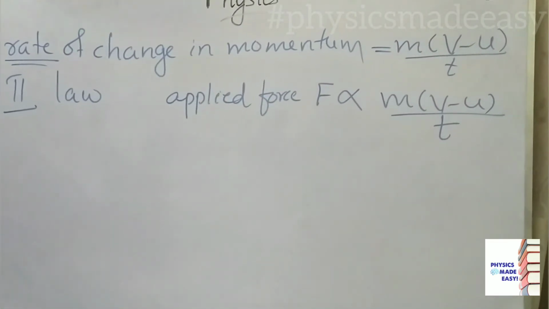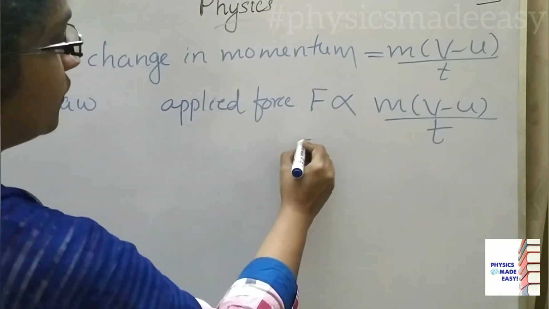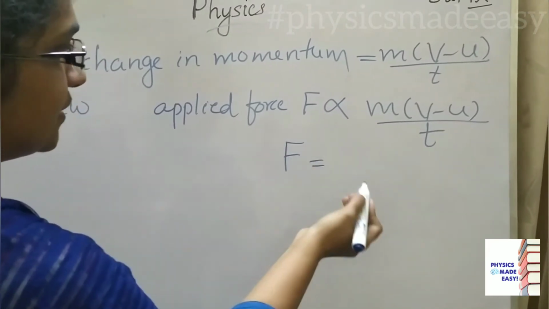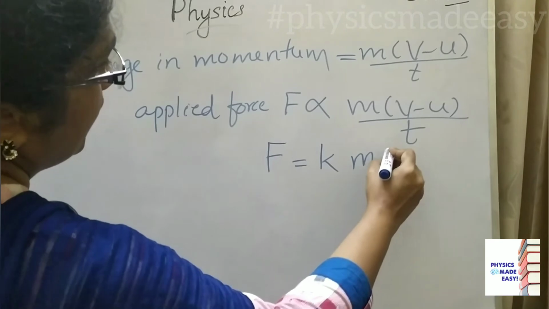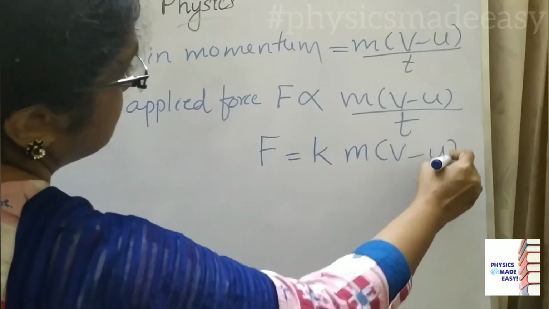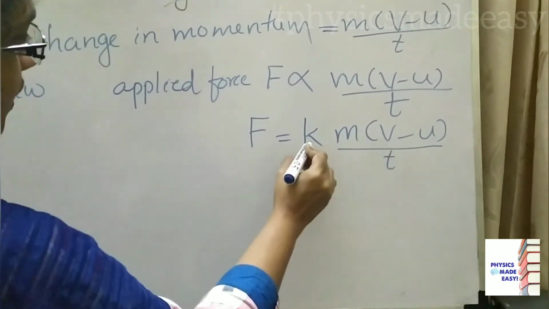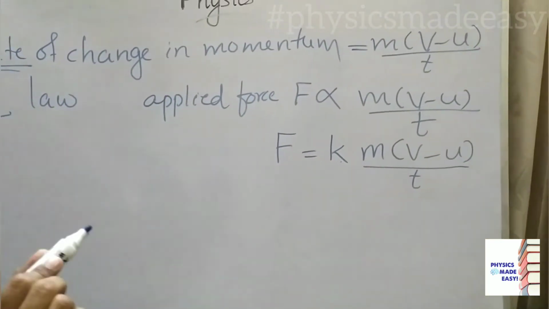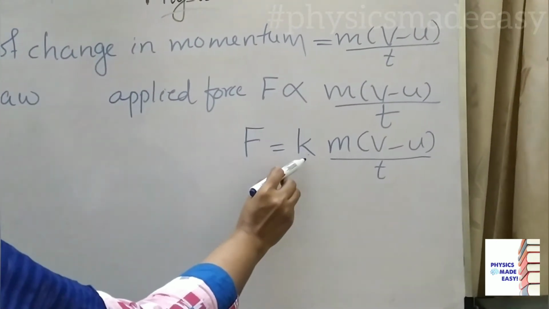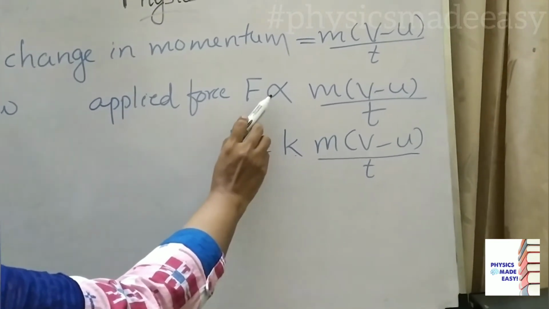How to remove? For that we can use one constant. One letter we have to use here. We can take k here. F is equal to k m into v minus u divided by t. What is this k? We can call this k as proportionality constant. Here we use this k to remove this proportionality sign.